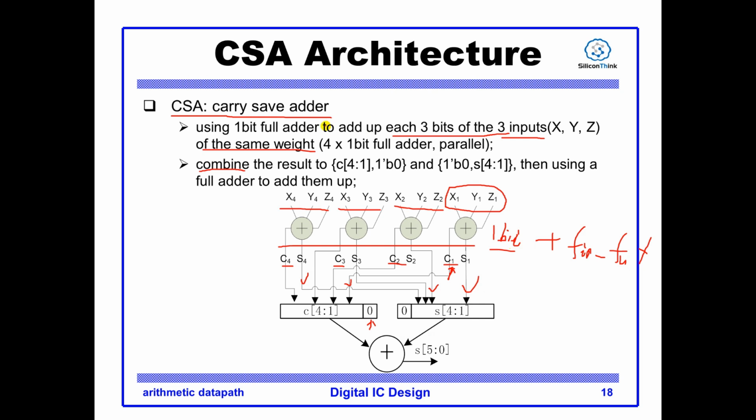The idea is they just calculate each bit first. You can say this is a 3-to-2 architecture. Change 3 numbers to 2 numbers.